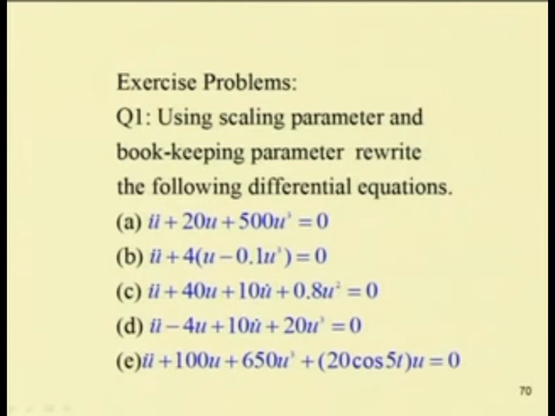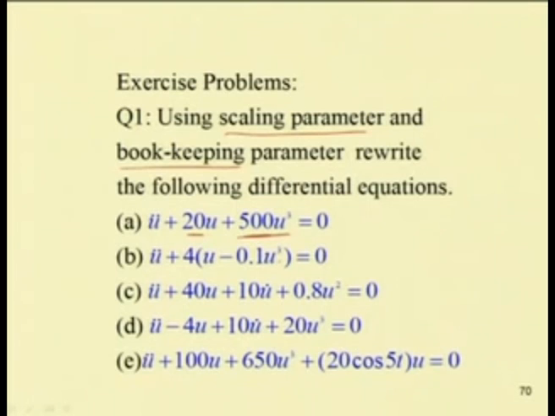So, using the scaling parameter and bookkeeping parameter, you have to rewrite these equations, so that the coefficient of the nonlinear term will be a small term that should be comparable with the coefficient of the u term. So, use the scaling parameter and bookkeeping parameter to rewrite these equations. Here 5 equations have been given. This is a free vibration Duffing type.